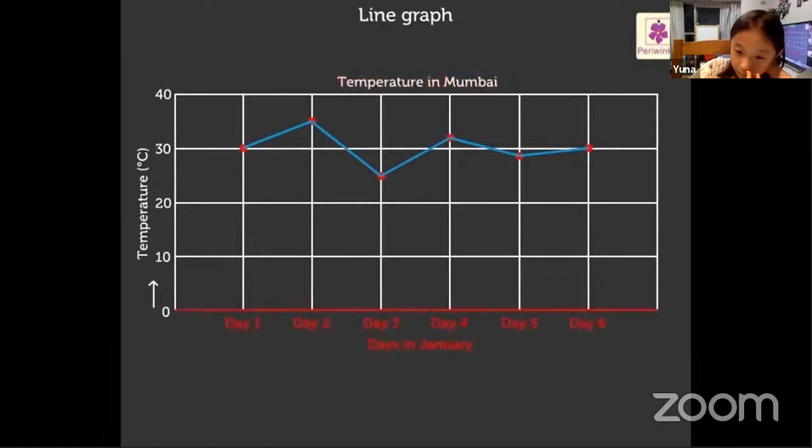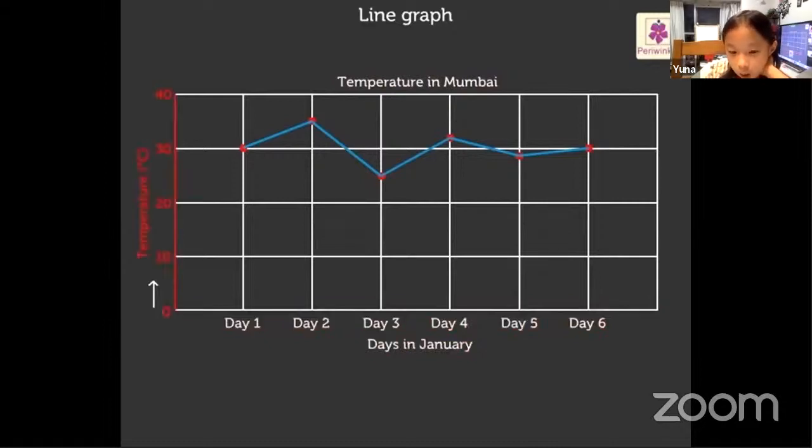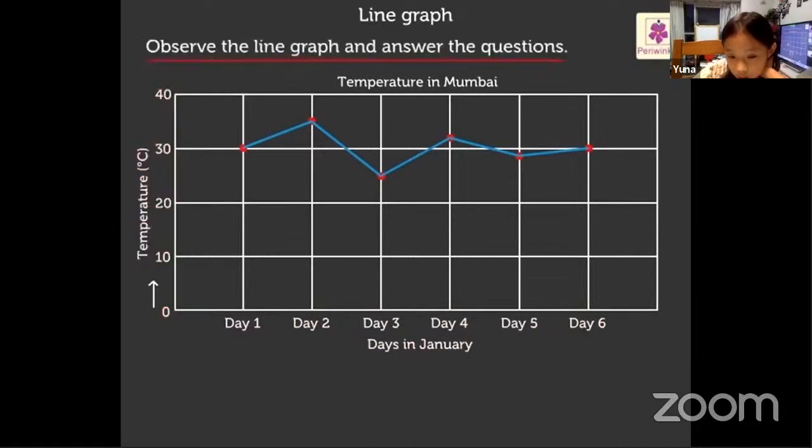The x-axis indicates the number representing the days in January, and the y-axis gives the information about the temperature recorded in degrees Celsius. Now observe this line graph and answer the questions.